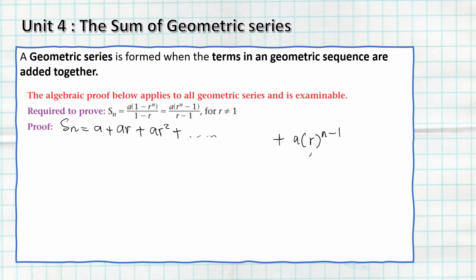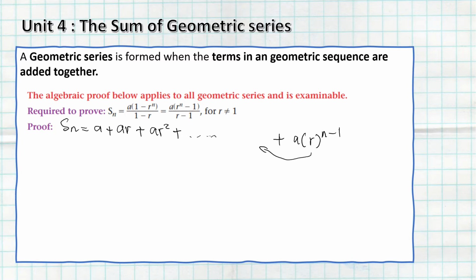If one would like to go back, remember that to go forward to get the next term we just multiply the previous term by the common ratio, r. So to go back, we just divide by r, to cancel that r that was multiplied to get the next term.